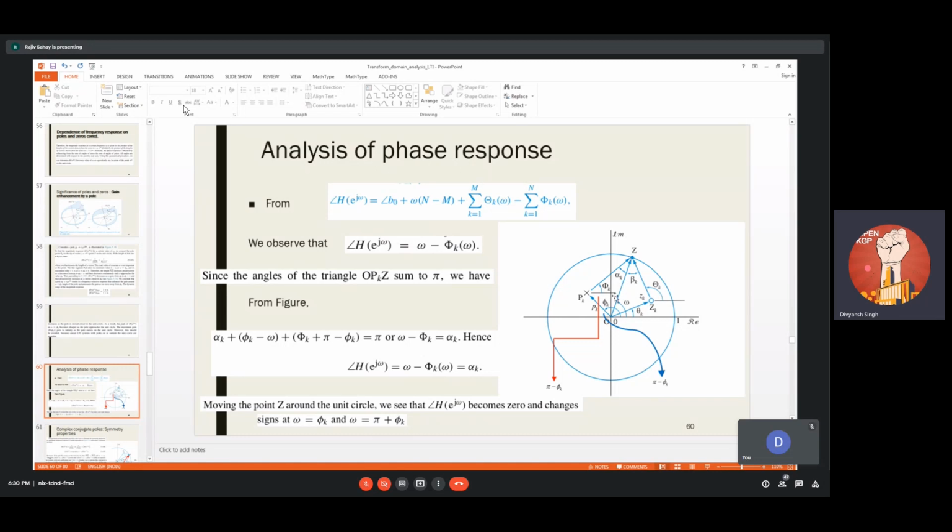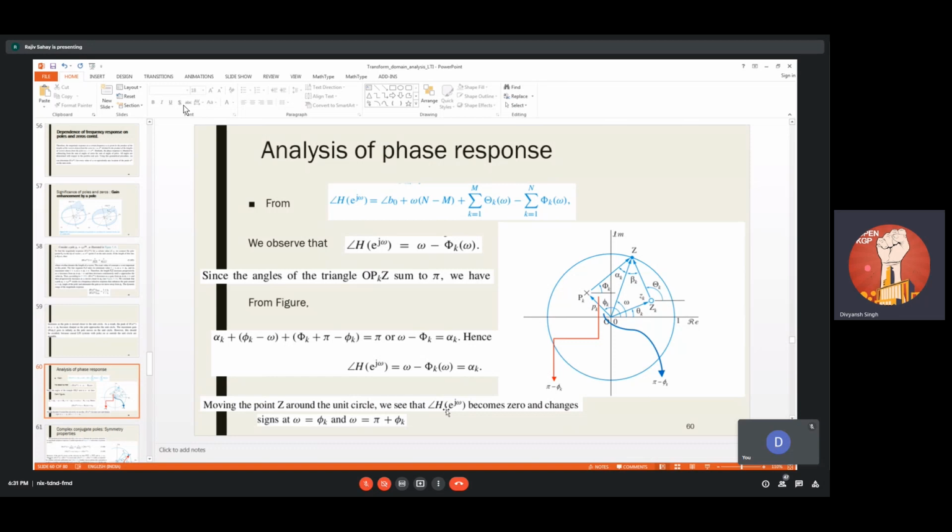Suppose this line OZ started to move this side, then the angle alpha k will start to become smaller and smaller. Then slowly the line will start to coincide with OPK. When OZ coincides with line OPK, the angle alpha k will become 0.